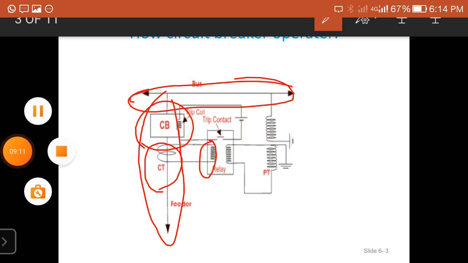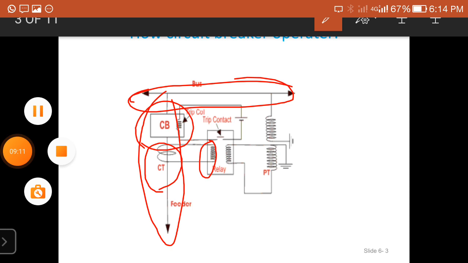Then the tripping contact is closed. Then on connecting the DC supply, automatically the tripping coil is energized. When this tripping coil is energized, the circuit breaker will be operated. This is the faulted condition.